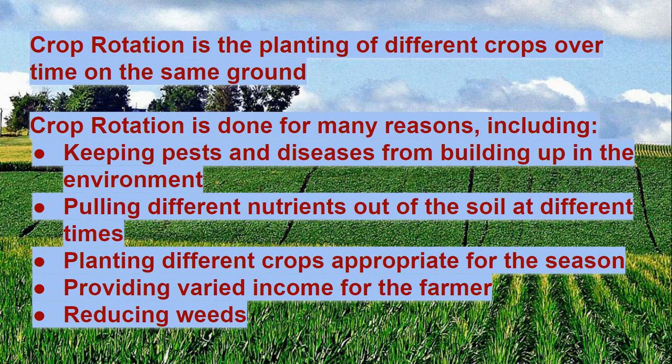Third thing, planting different crops appropriate for the season. This is some common sense stuff: you don't plant corn in fall, you plant corn in spring. Therefore, if you're going to plant something else in the fall, maybe a fall cover crop, or winter rye or something else that is going to grow over the winter, you're already setting up crop rotation just by planting things that are appropriate to the season.